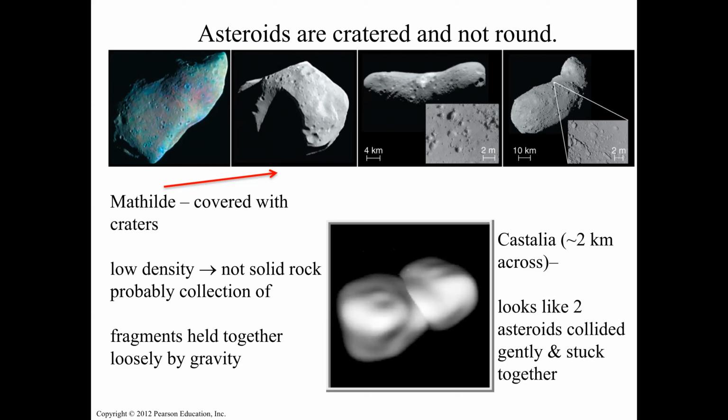So when we're looking at these asteroids, for example, this one, which is probably around 2 kilometers across, we see that it looks like there are 2 asteroids, 2 lobes, 2 nuclei that collided long ago, and then stuck together.